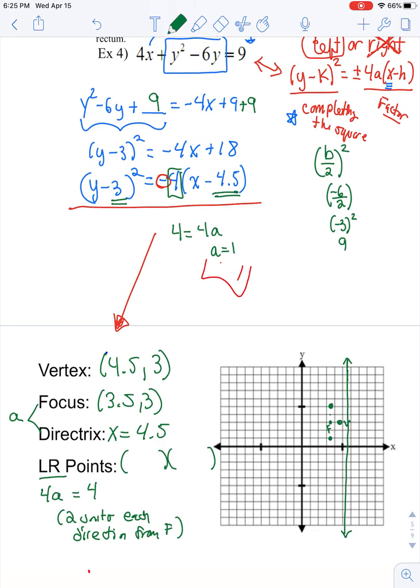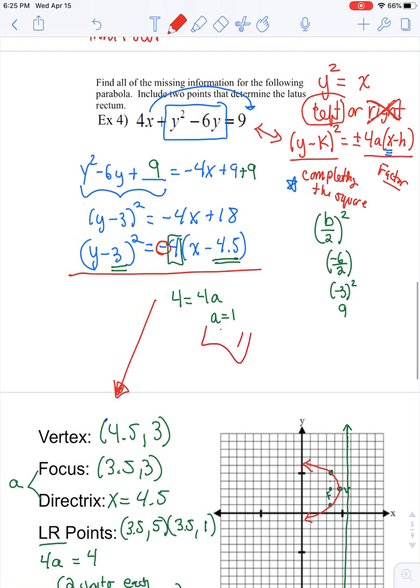So both of these ordered pairs are going to have the same x value as the focus, so that 3.5 is not going to change. But then the y values, we added 2, bringing us up to 5, and we subtracted 2, bringing us down to 1. And then finally, I'm going to change colors. Finally, we can sketch in our parabola.